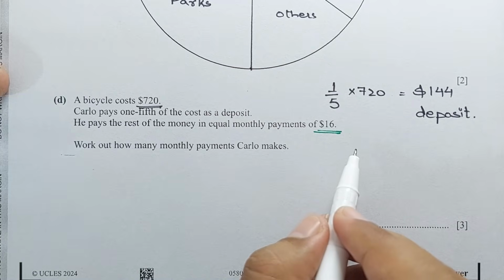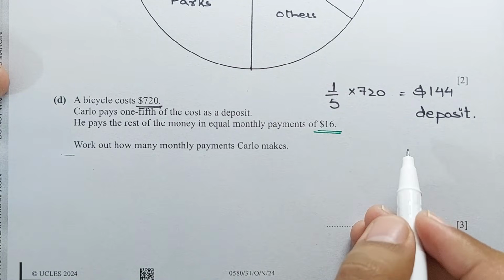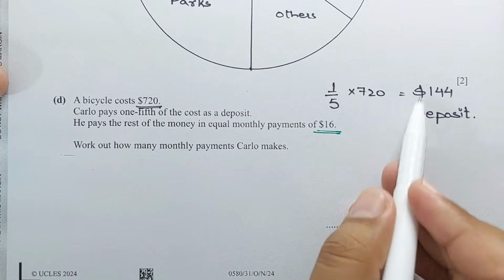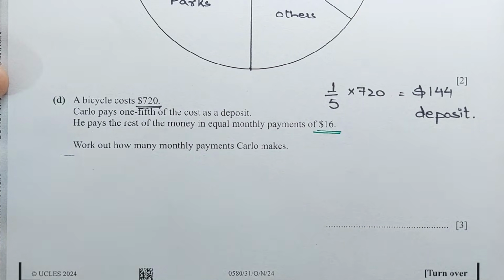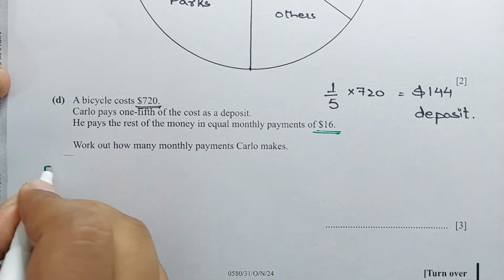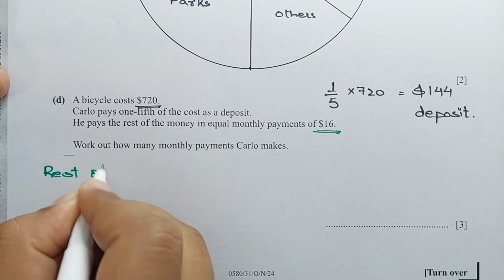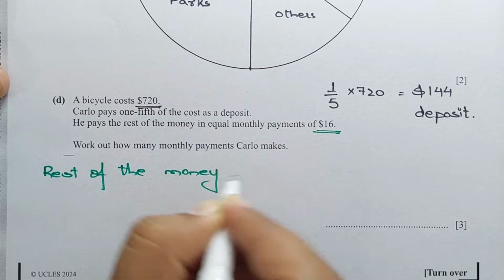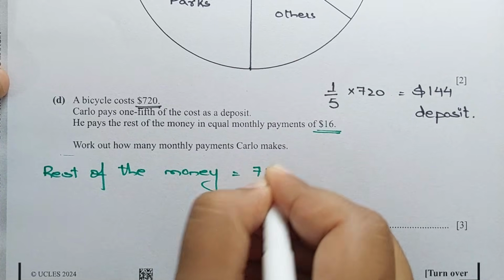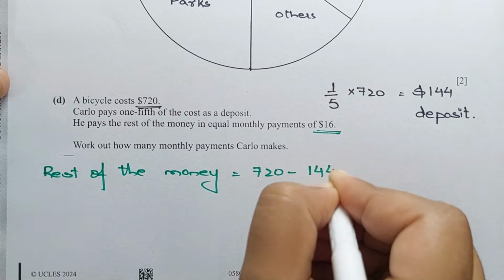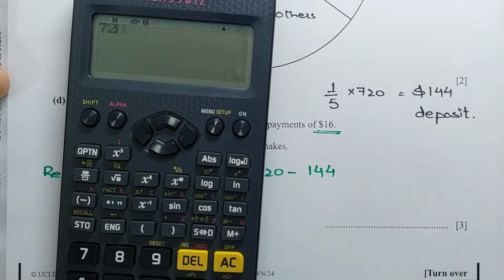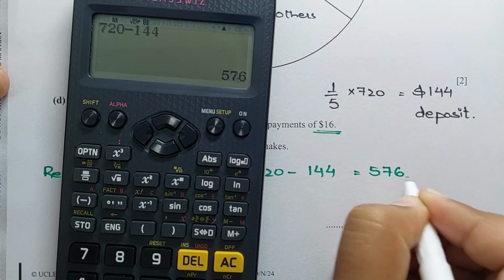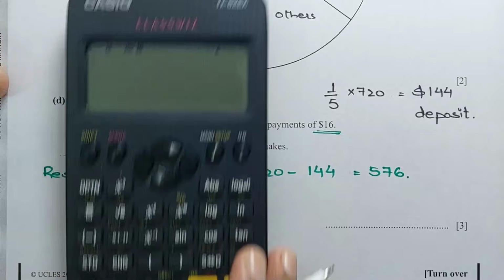In 1 month, he paid $16. The next month, again $16. How many months does he have to pay $16 to pay the rest of the money? What is the rest of the money? It is 720 subtract the deposit, 144. 720 subtract 144 is 576.